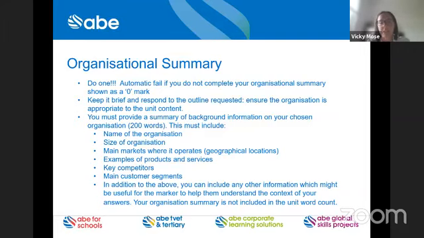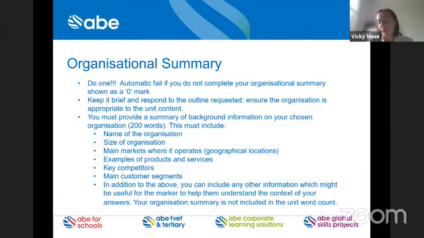Now, the reason for this is that at ABE, we don't want to just produce students that have a wealth of knowledge and understanding. We actually want students to study our qualifications, but also feel they can apply the knowledge that they've learned in a given situation or to the business environment that they're in.